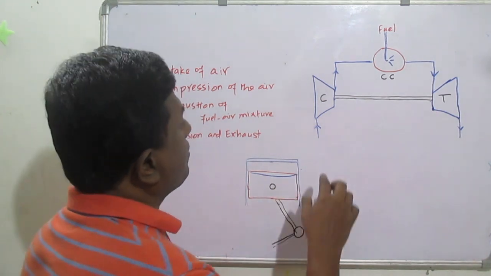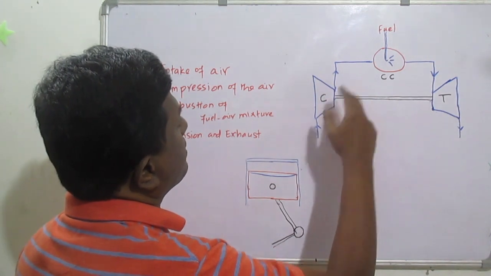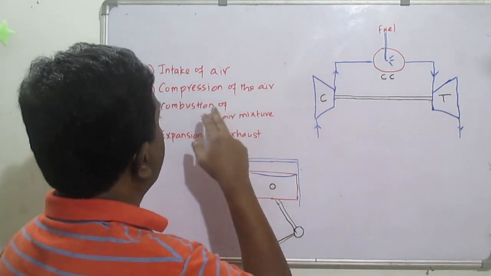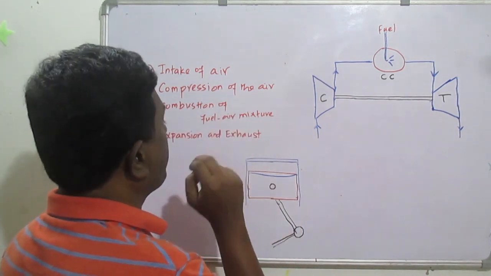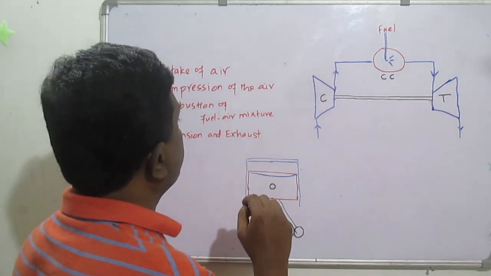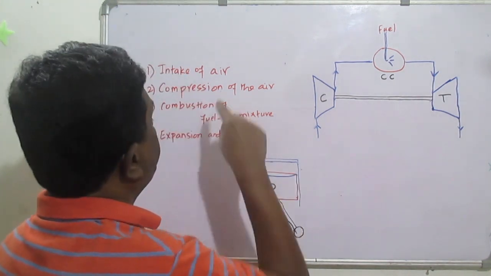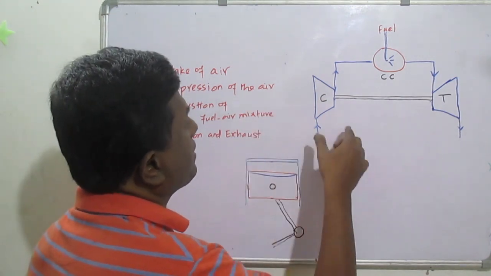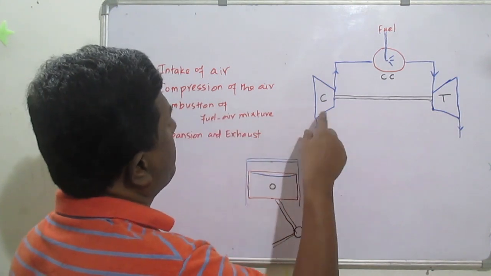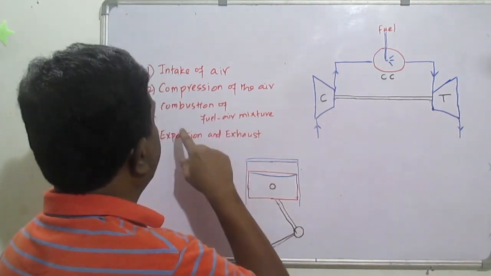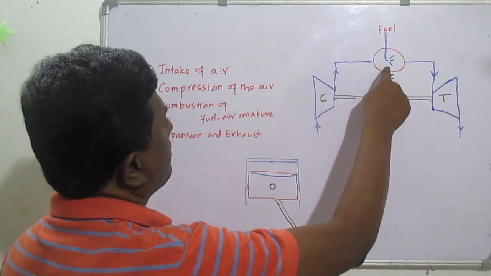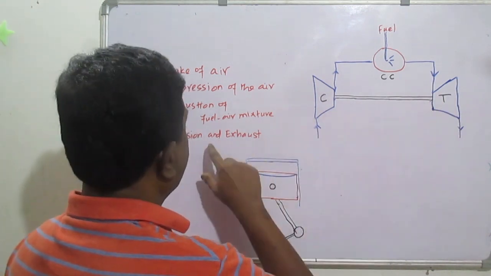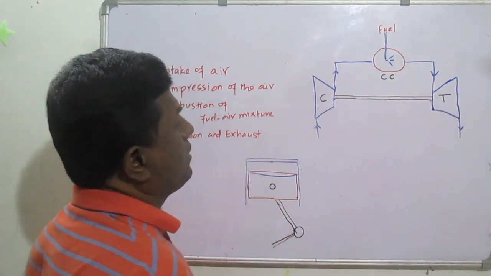Whereas in the case of the gas turbine engine, the four processes, intake of the air, compression of the air, combustion, and expansion, all take place at different places. Intake of the air generally takes place in the inlet of the gas turbine engine, compression of the air takes place in the compressor, combustion takes place in the combustion chamber, and the expansion and exhaust take place in the turbine.